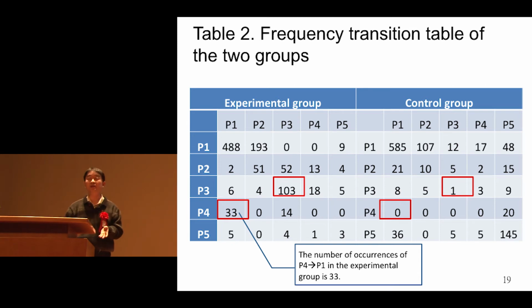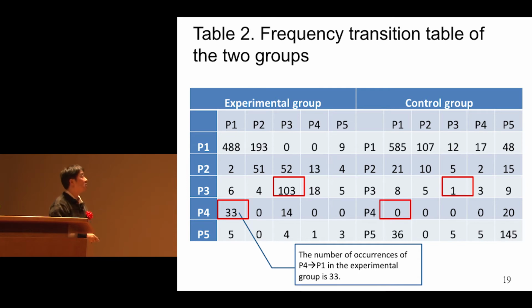And then we use software to compute the occurrence of those behaviors. For example, 33 means when the student has the behavior P4 and following the P4, the student immediately has the behavior P1. It occurred 33 times.